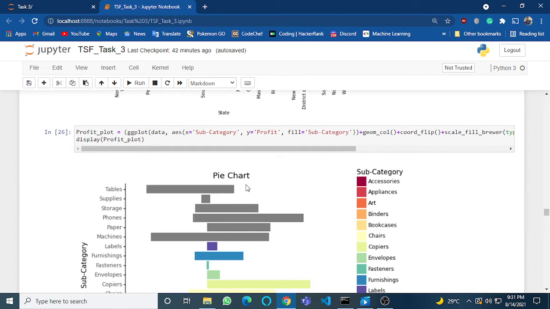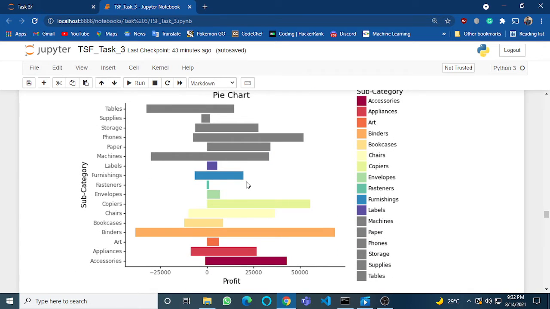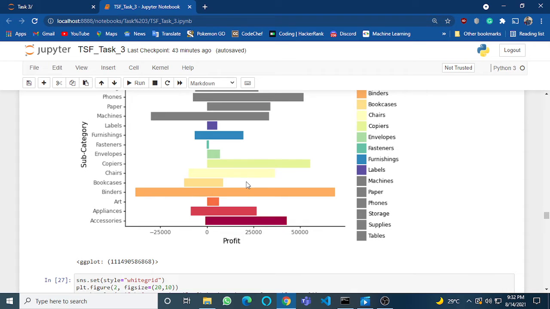And then next, I'm going to check out the profit plot using ggplot, and through this pie chart, it can be noticed that the binder subcategory has suffered the highest amount of loss and also profit amongst all other subcategories.